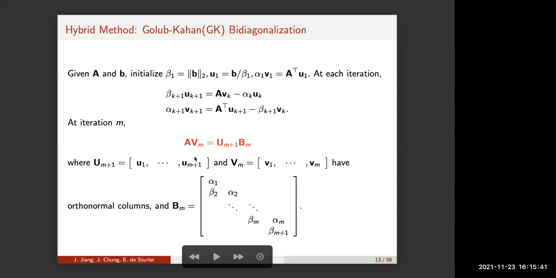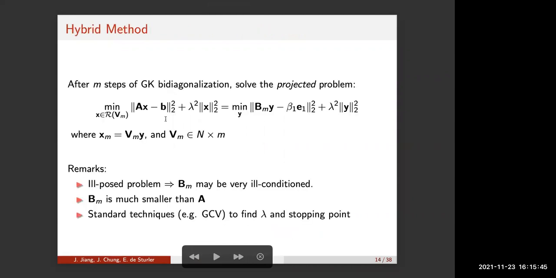And based on this important equation, we can project the original problem onto this small scale projected problem. And we can see the size of this problem is M plus 1 by M. So solving this problem will be much easier than the original problem. Since the size is very small, we can use any method we want.